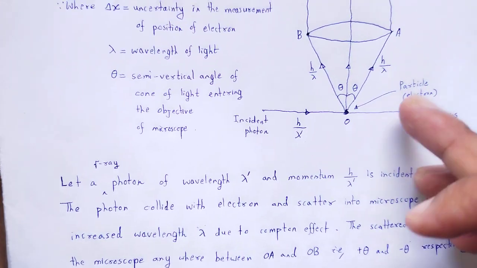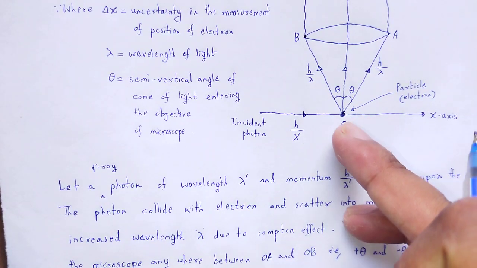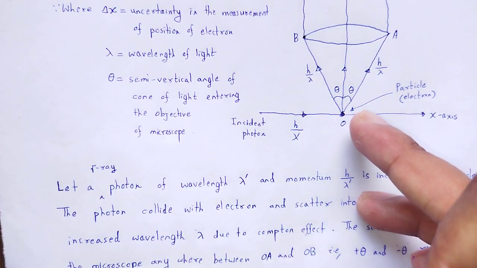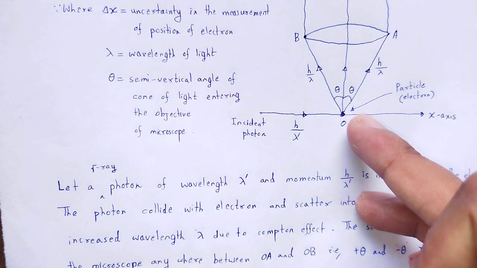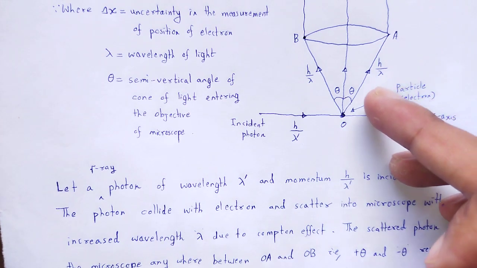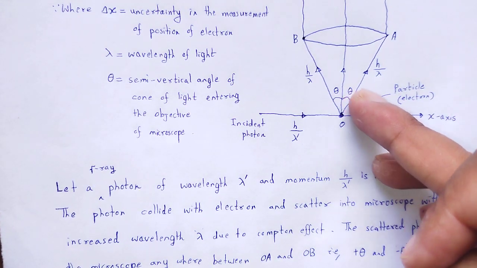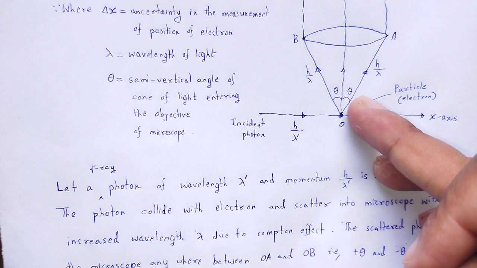first the uncertainty of momentum due to plus theta.